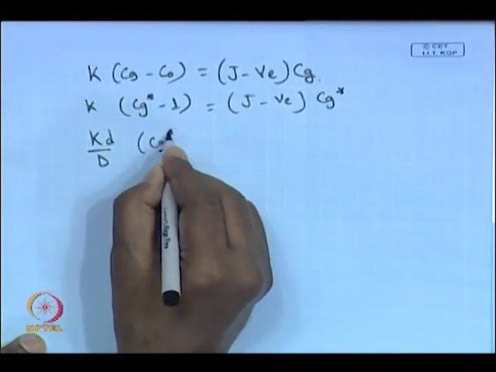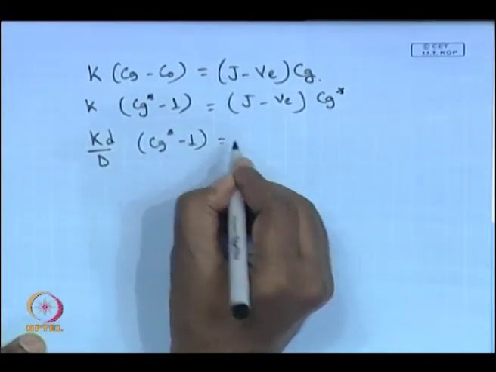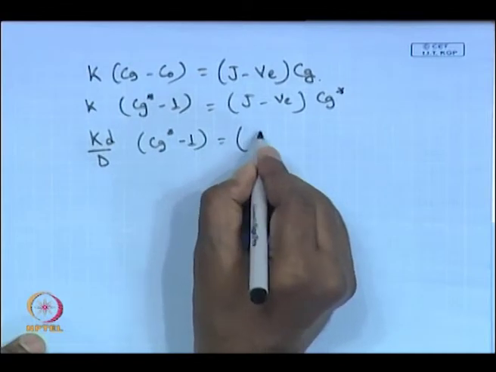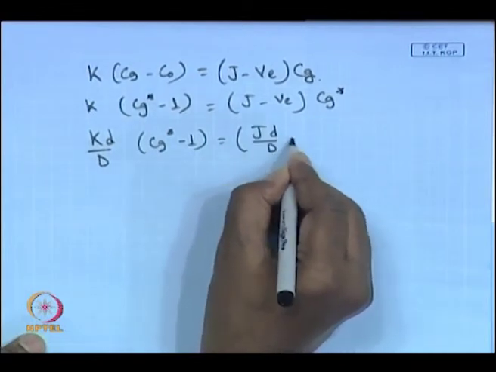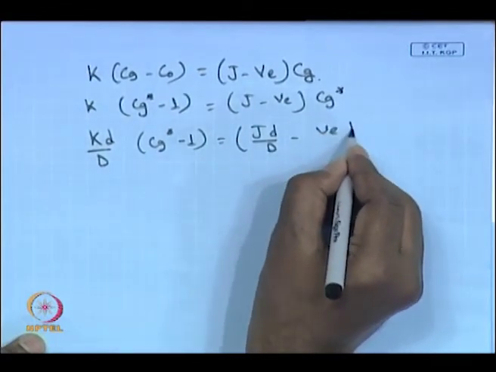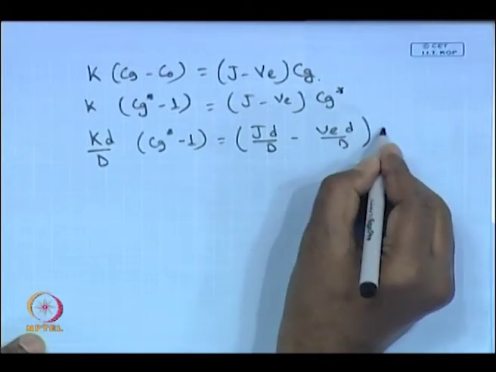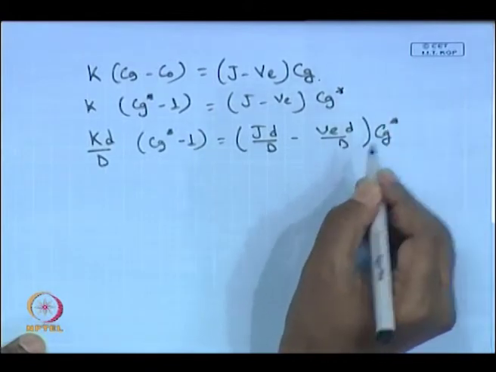You will get Sh (Cg star minus 1) equal to J d by D minus Ve d by D times Cg star.